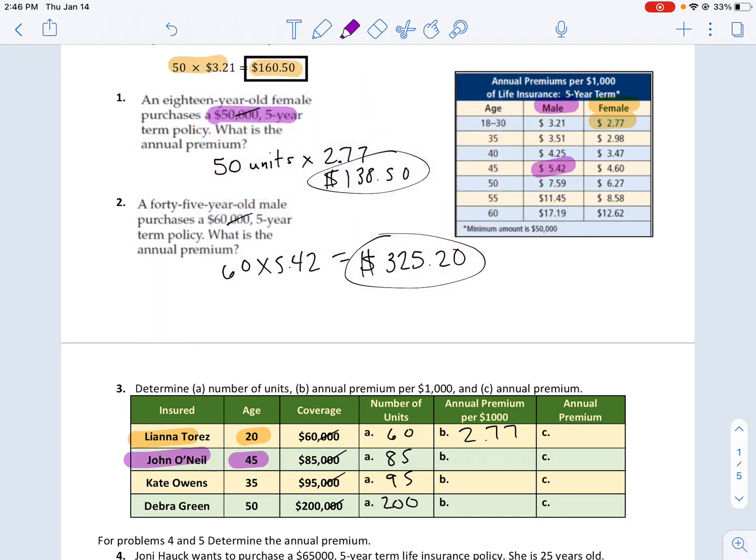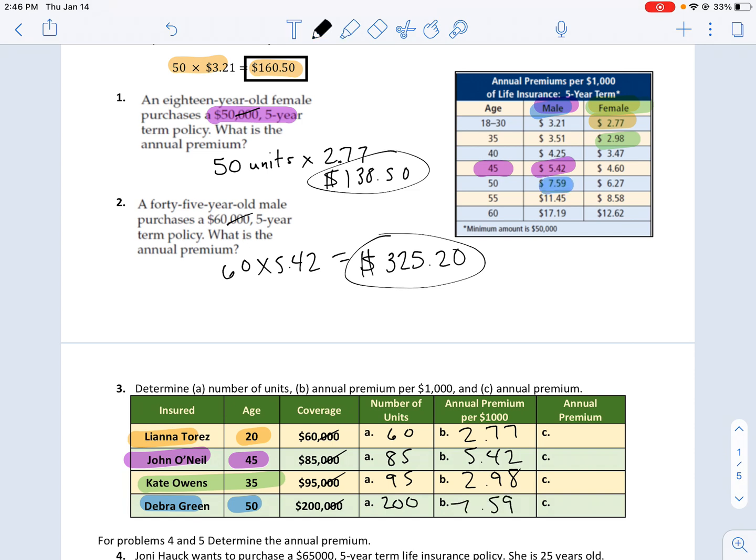Male 45, 542. Female 35. Finally, male 50.